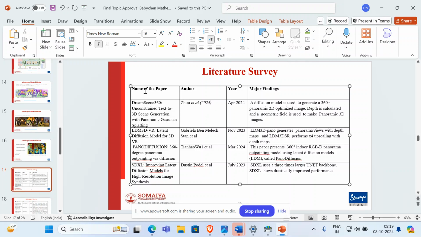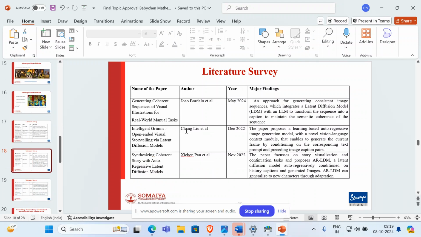This way you can cut down these three columns into a single column, and then you can put in more of your research gaps, or what method they have used, or what they have done, or what the numbers are from that paper. This is not a proper way of making a literature survey table.